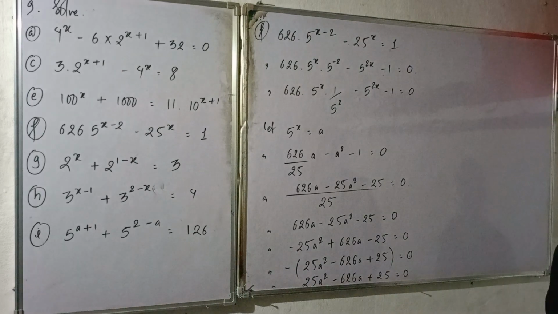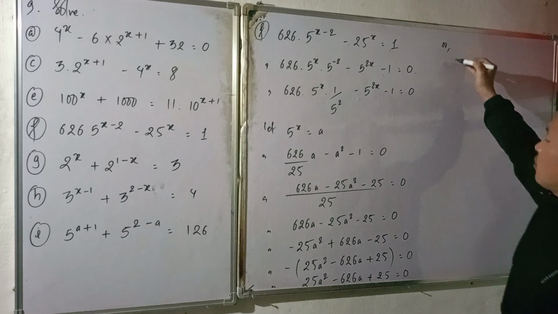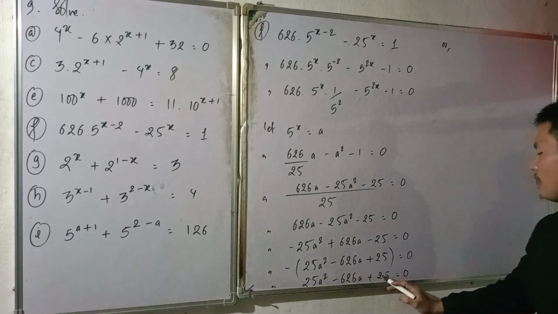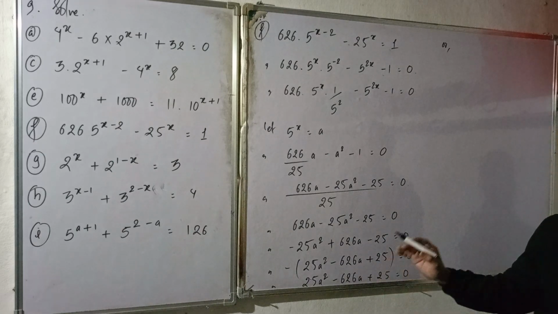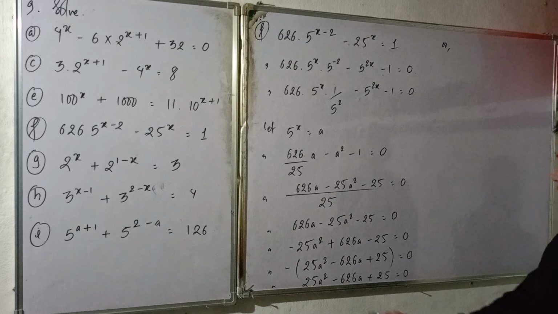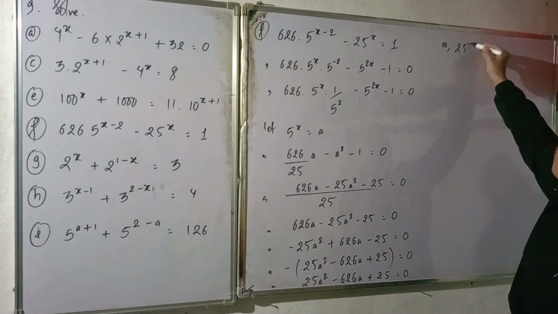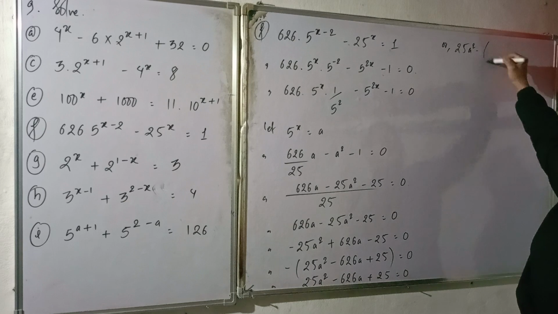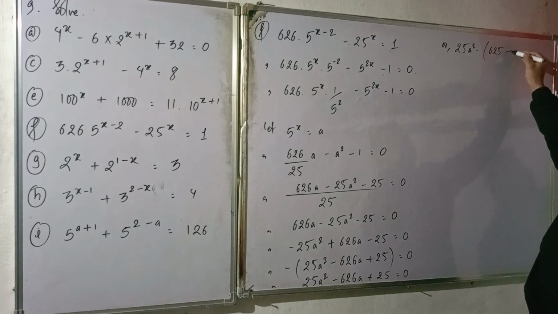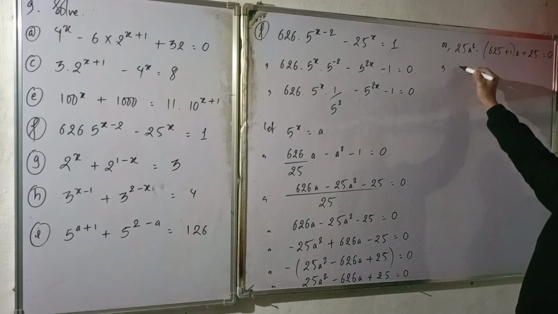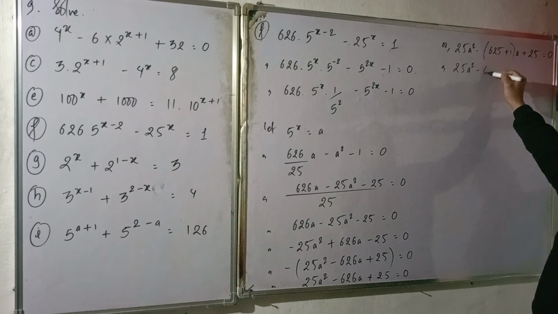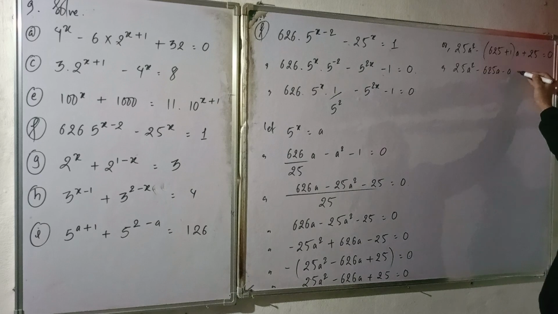Now you just factorize this. 625 times 1 is 625, and 625 plus 1 is 626. So here will be 25a squared minus 625a minus a plus 25 equals to 0.